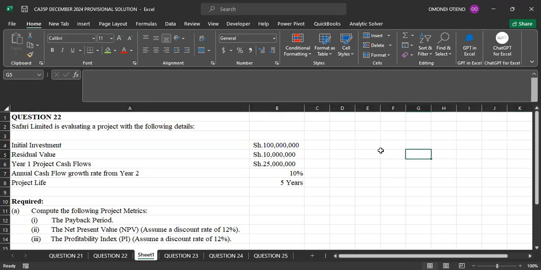So I want us to do this together by listing the years here. So you're going to have year 0, year 1, year 2. Let's do it together all the way to year 5. Then within that, we are going to start with initial investment.